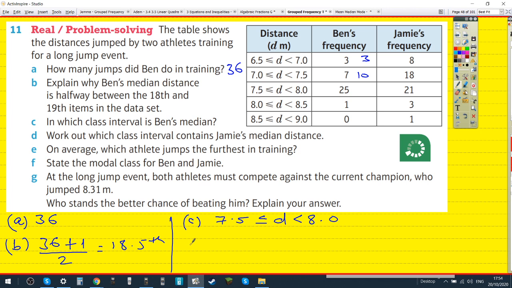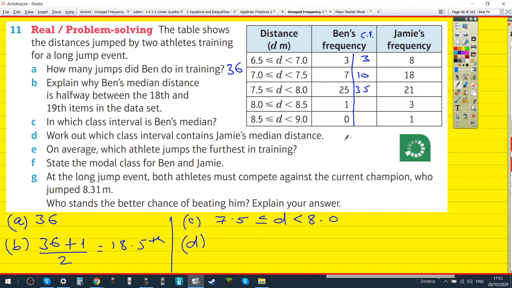D. Work out which class interval contains Jamie's median distance. Okay. So do you do 52 plus 1?